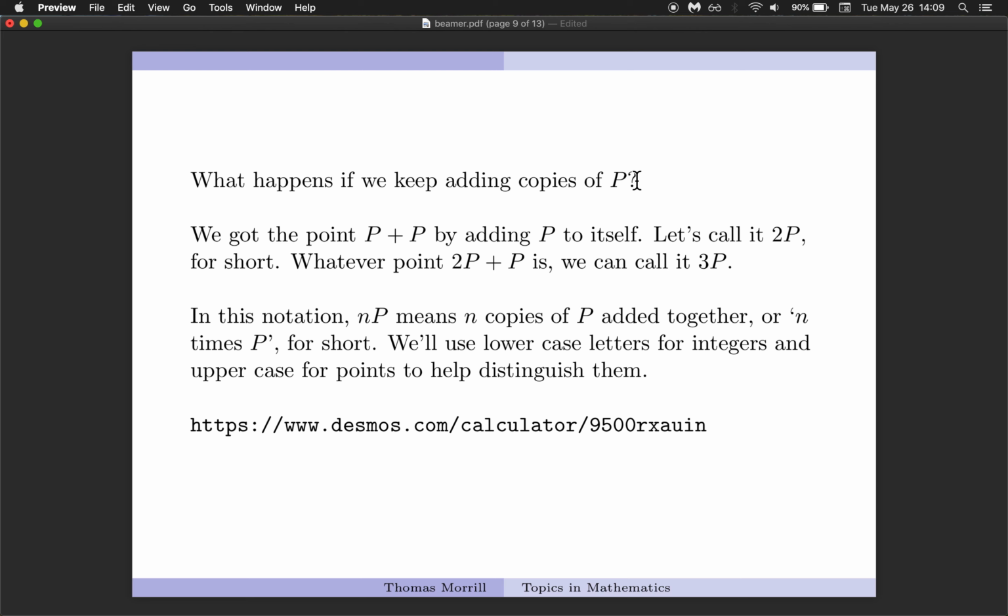So I'll start out with the point P. We already found P plus P, and just so I don't have to write a whole bunch of plus signs all over the place, I'm going to call this 2P, or twice P, or you can think of it as 2 copies of P added together.